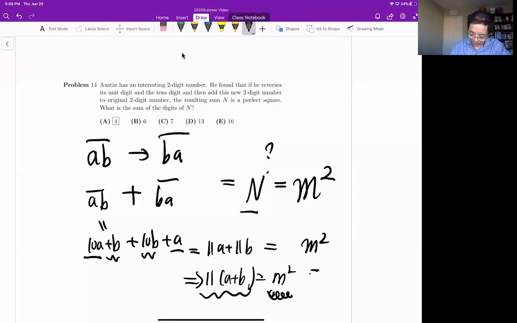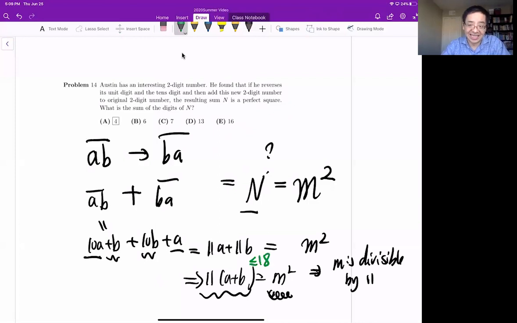So n is divisible by 11. Meanwhile, a plus b, because they are both digits, is at most 18. If you combine those things together, you get that n squared has to be just 11 squared.